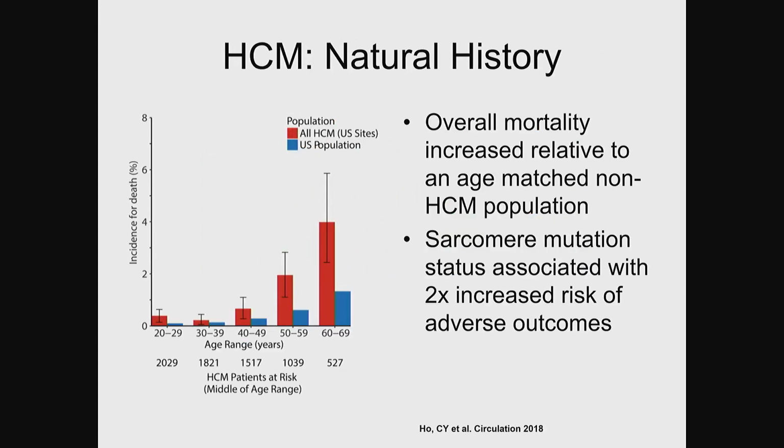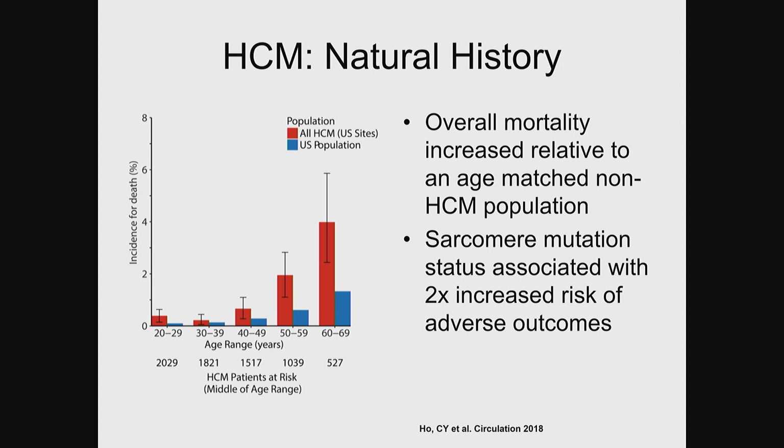Our understanding of the natural history of hypertrophic cardiomyopathy has evolved considerably in the past several years. While initially reported to have a particularly adverse prognosis, subsequent studies highlighted a generally favorable prognosis, not much different than the age-matched healthy U.S. population.